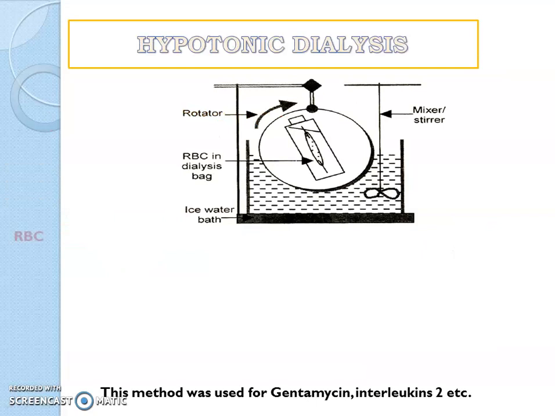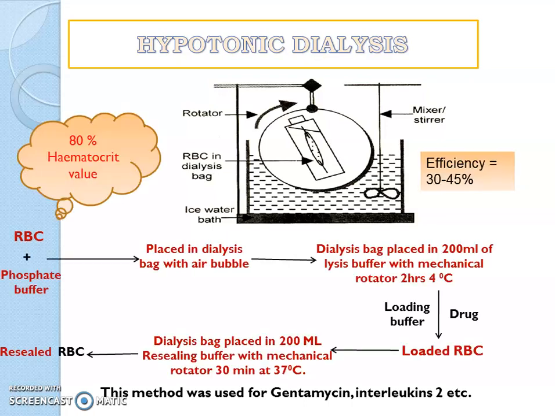Then another method of hypoosmotic lysis is the hypotonic dialysis method. In this method, the RBCs are mixed with phosphate buffer, then placed into a dialysis bag, and 25% of air may be present in that bag.